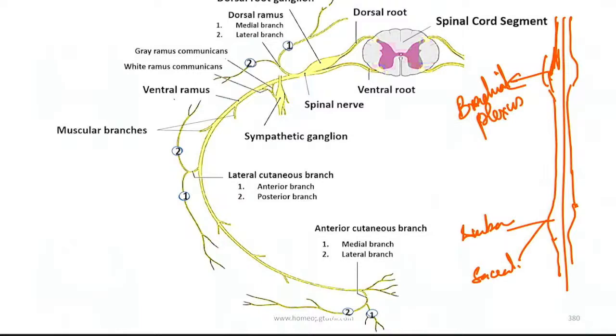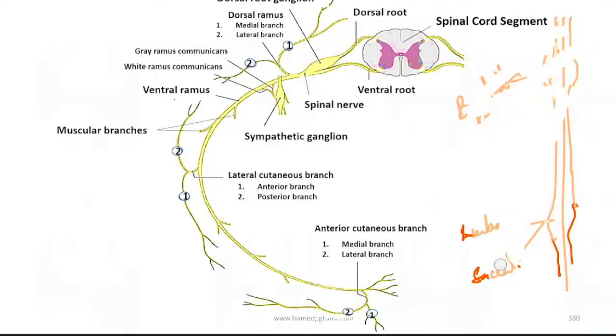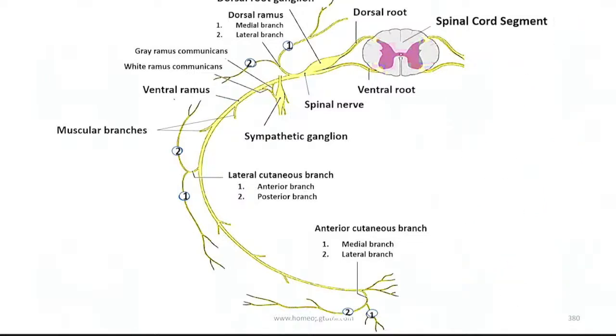So that was about the gross features of the spinal cord. Now, when we speak about the cross section of the spinal cord, we need to know two more things: the structure and what is present in the spinal cord, and how the spinal nerves are formed.